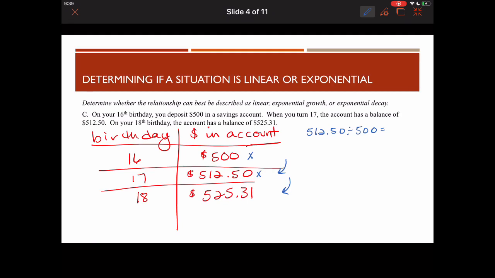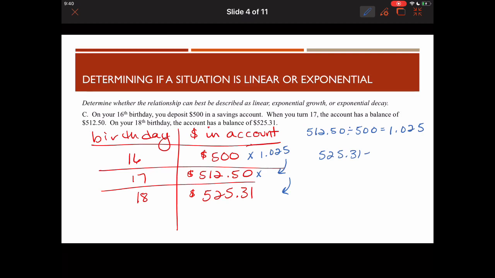And when I do that, I get 1.025. So in other words, and you can double check this, if I take 500 and multiply by 1.025, I'll get $512.50.